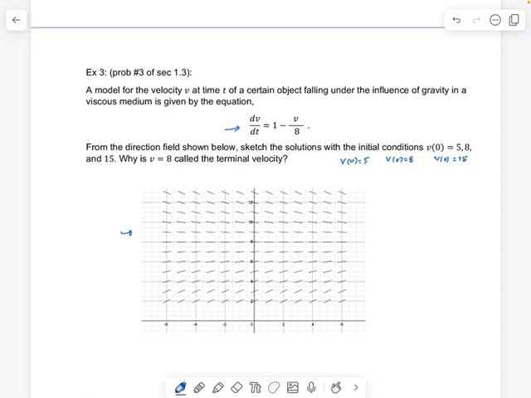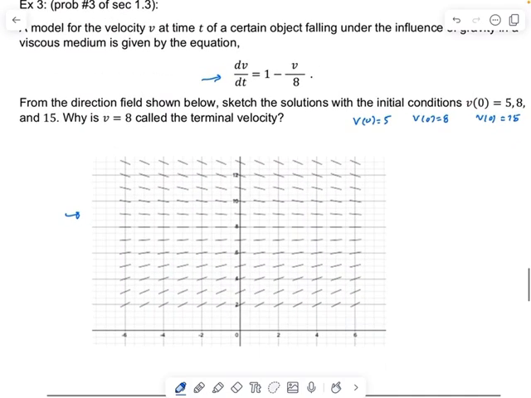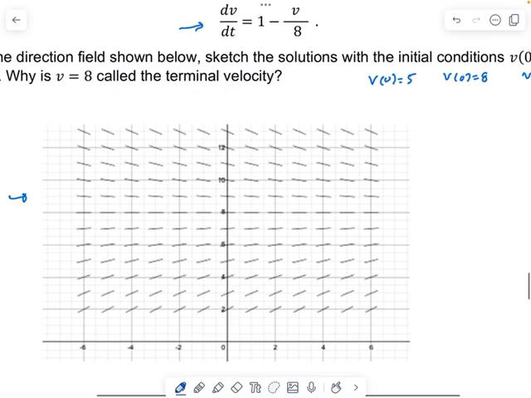So v(0) equal to 5 means the point (0, 5). This is 2 here, this is 4, 6, 8. So you see it's leveling off at 8 because we are seeing this horizontal line. If you notice what is happening, it's similar to what we just saw before.